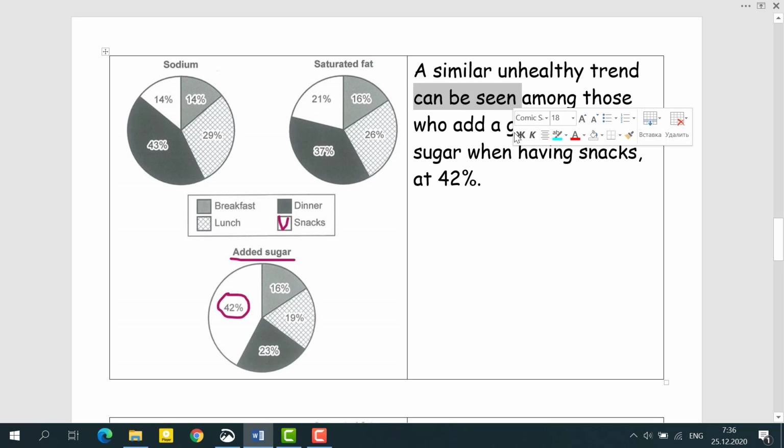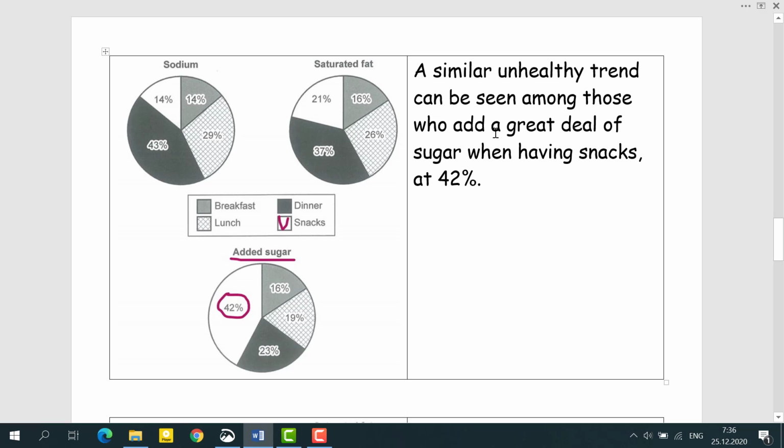I'm using the passive voice here. Can be seen, use the past participle: see, saw, seen. Among those. You don't want to write among those people, just among those who. Make sure to use who, not which, because we're talking about people. Therefore, we need to use who, and we use which for things only.